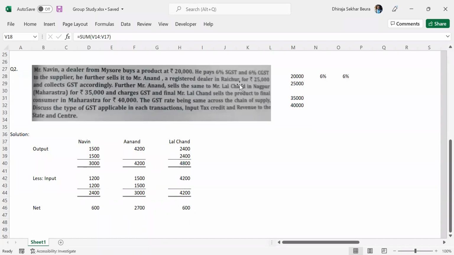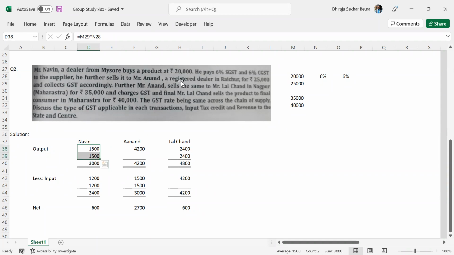The output supply was 25,000, to Mr. Anand, a registered dealer in Raichur. So 25,000 multiplied by 6% comes to 1,500 each for CGST and SGST, which are our output liabilities.